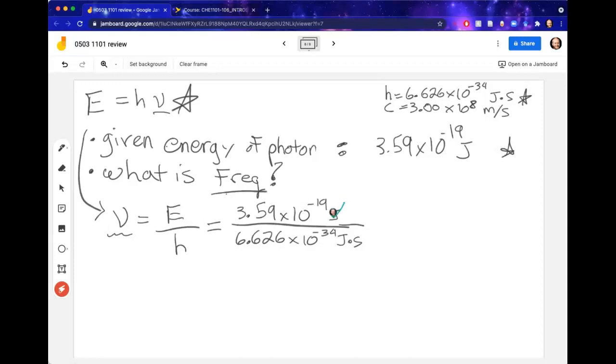The joules over joules cancels out, leaves me in 1 over seconds, which is what I should have for a frequency, right? Hertz, 1 over second. So take a second, calculate the ratio of these two things. What is 3.59 times 10 to the minus 19 divided by Planck's constant?